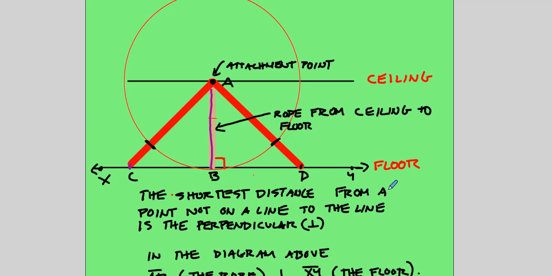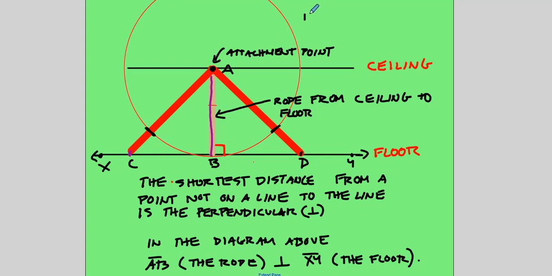So what I'm trying to show here is that the shortest distance from a point not on the line, which I'm calling A, to the line is what's called the perpendicular, and this rope intersects the floor at a right angle. So the word perpendicular means intersects at right angles.